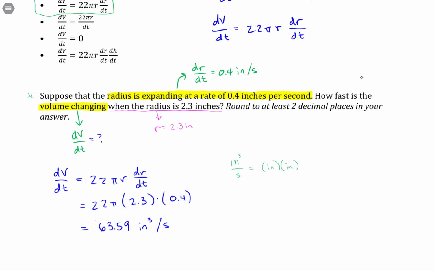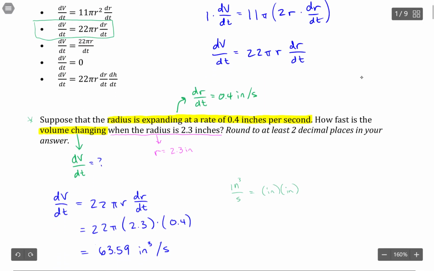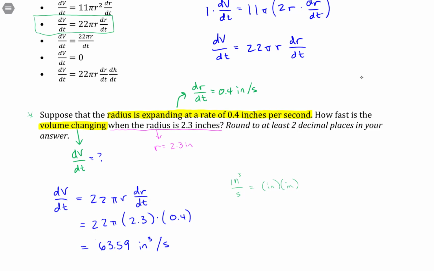And right there, our units aren't matching up because I wrote it in red and erased it. But if we didn't have the dr/dt over here, we would have something measured in inches cubed per second equaling something measuring in area, which is square inches.